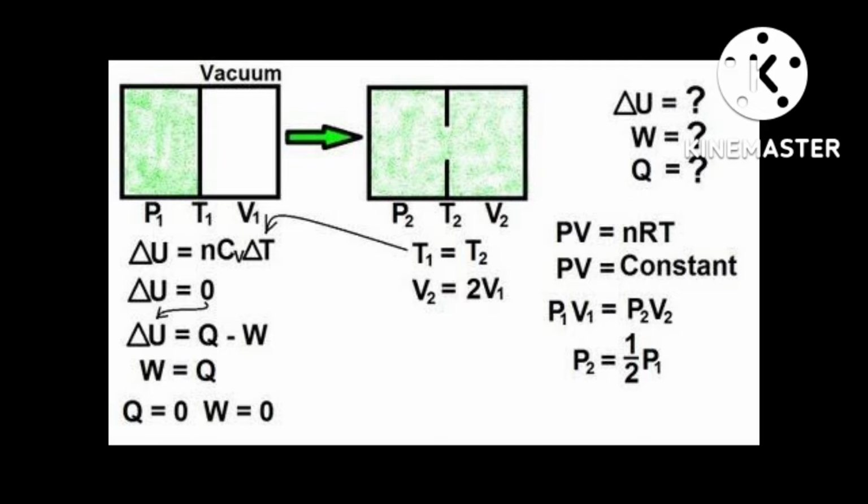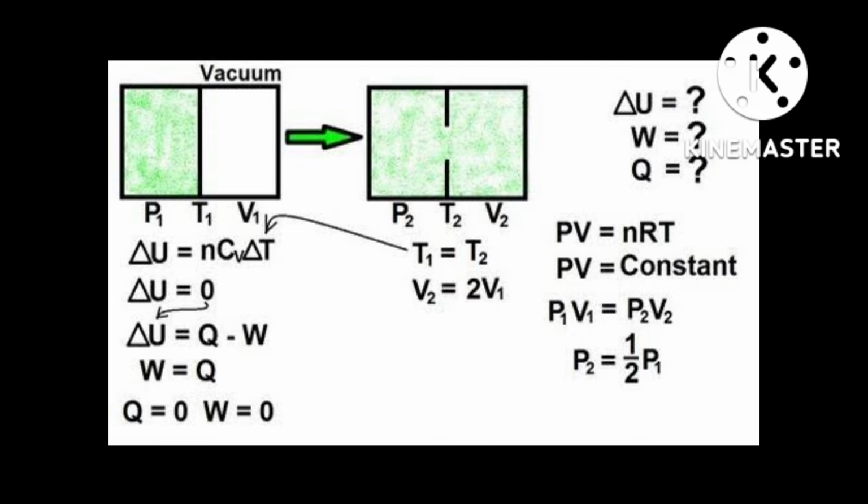Second thing, now we want to correlate the work done expression we have derived to the first law of thermodynamics, that is delta U is equal to Q plus W. Here you have to put the W value.